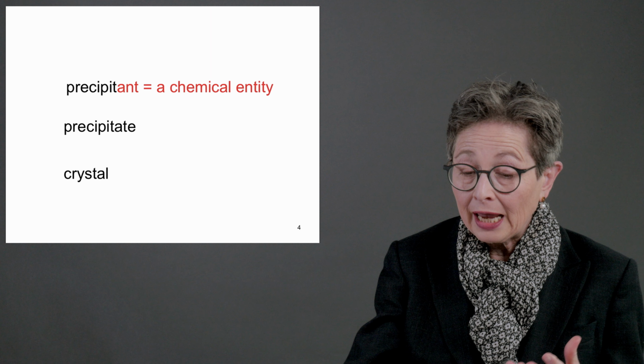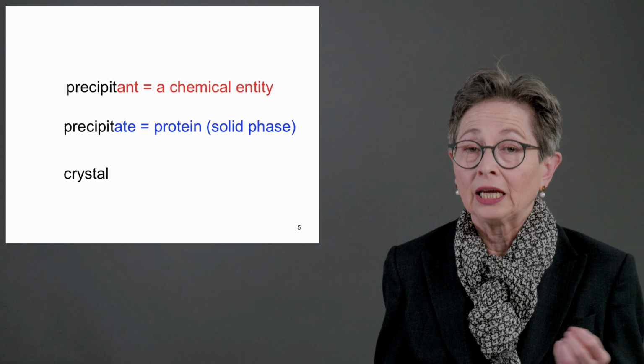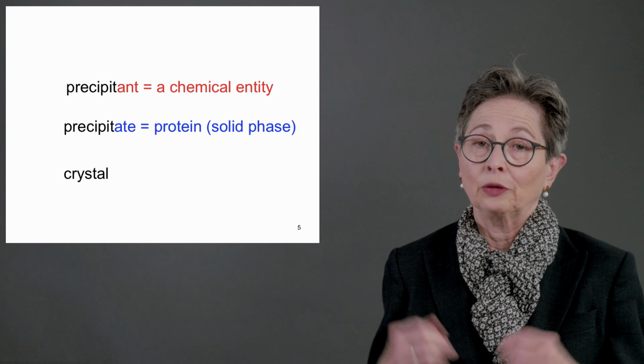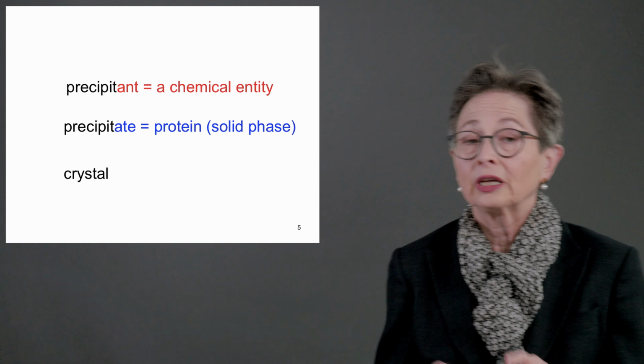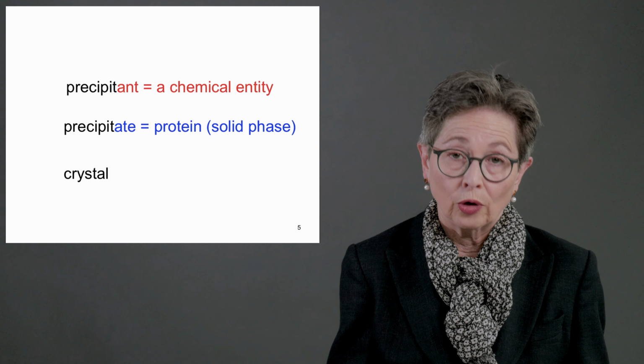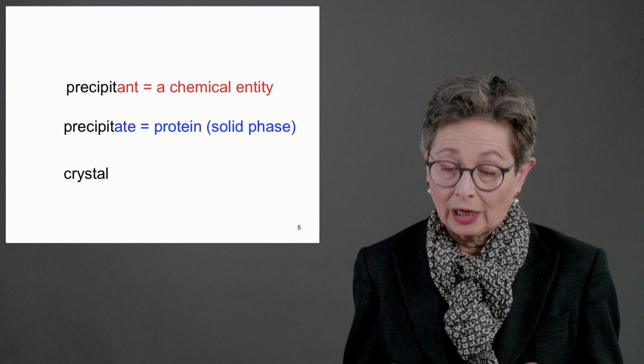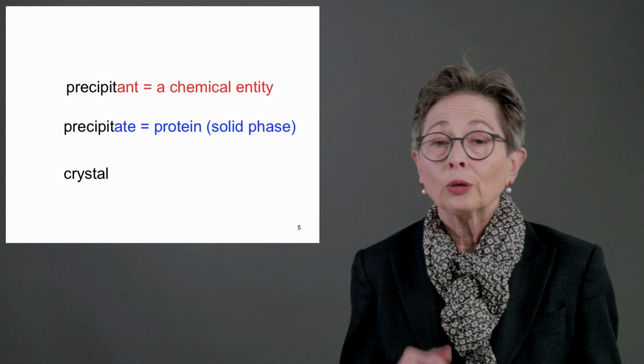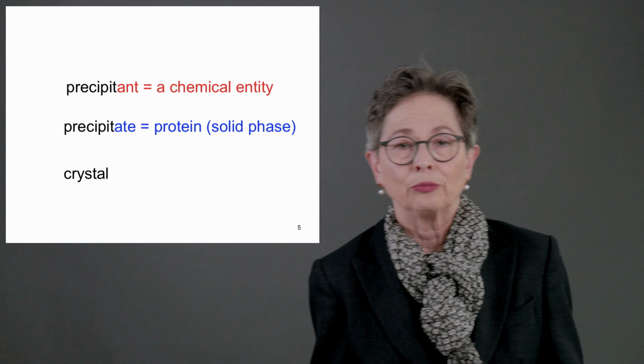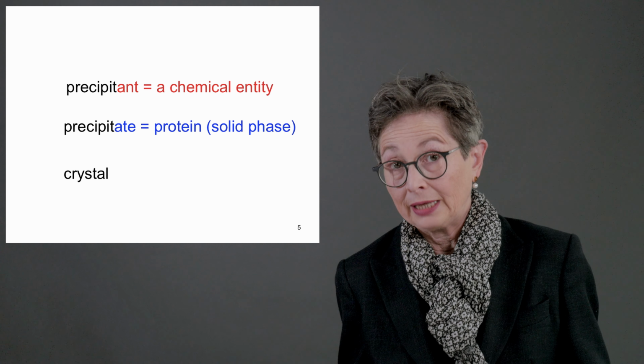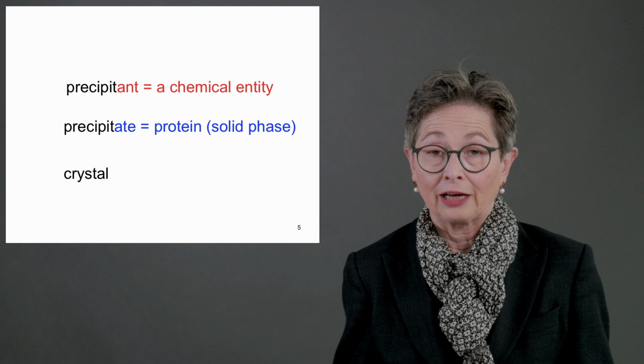The precipitate is the protein, or a solid phase of the protein. It can be ordered or it can be disordered. We want the ordered precipitate, which is known as a crystal. So if you can just remember the difference between precipitant and precipitate during the course of this lecture, you'll be doing fine.